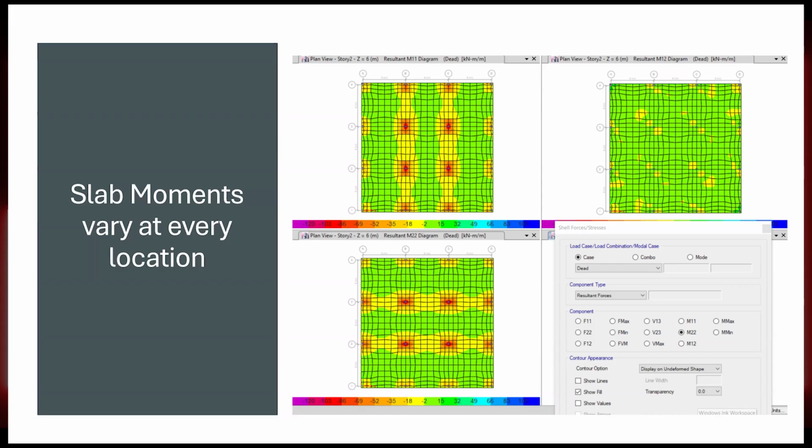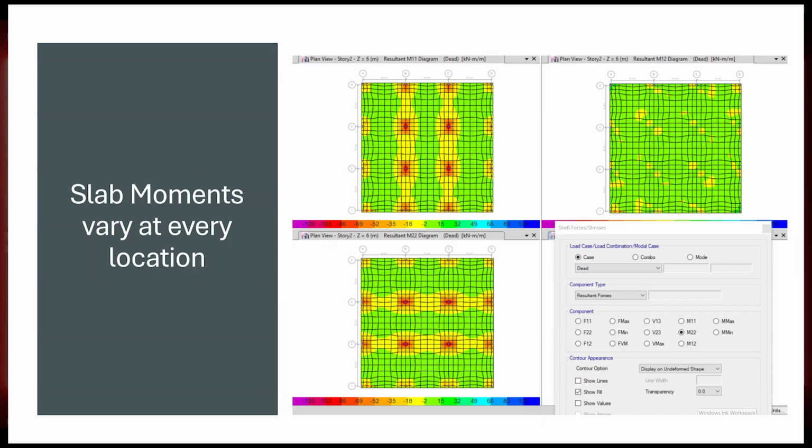So this is moment in one direction, this is called M11. M11 means the moment about axis 1. There are two, you already know the notation, M11 and M22.